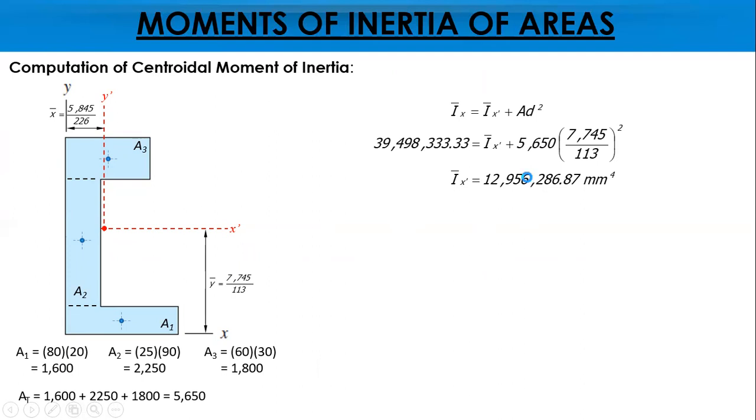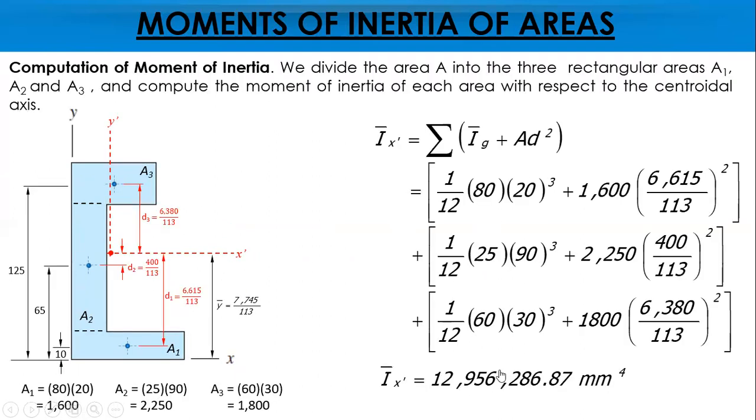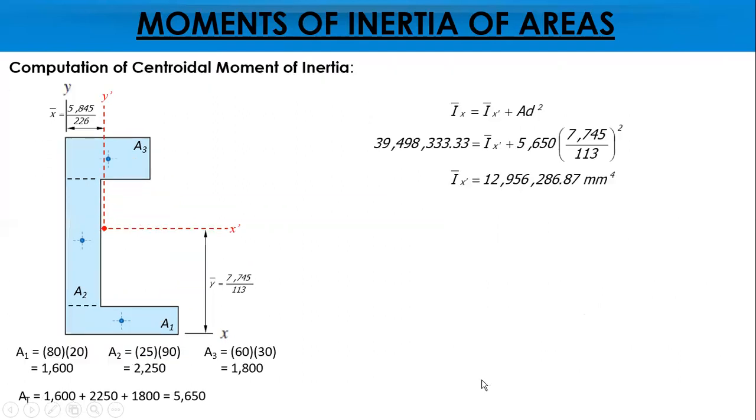To cross-check or double-check the result with the conventional solution, it is the same: 12,956,286.87. Same for IY.